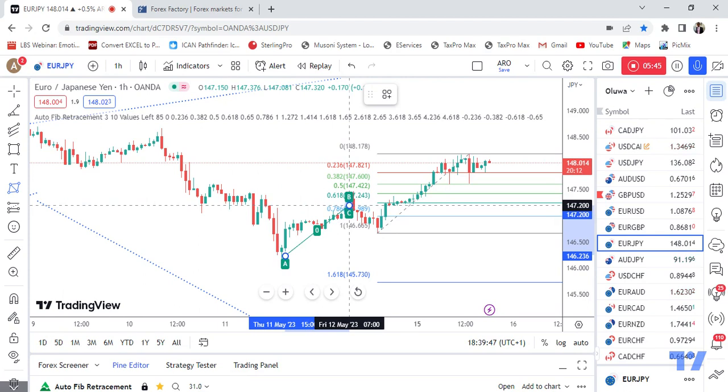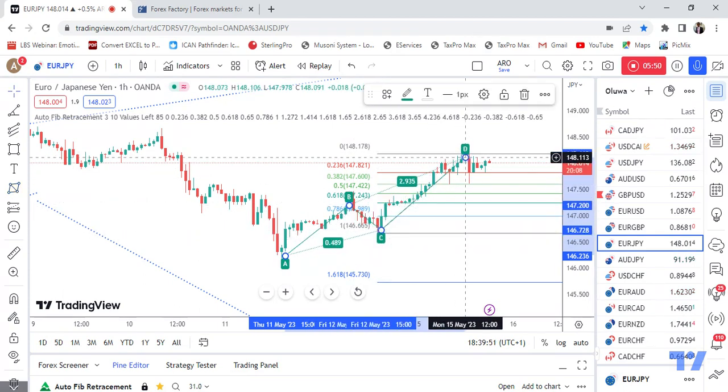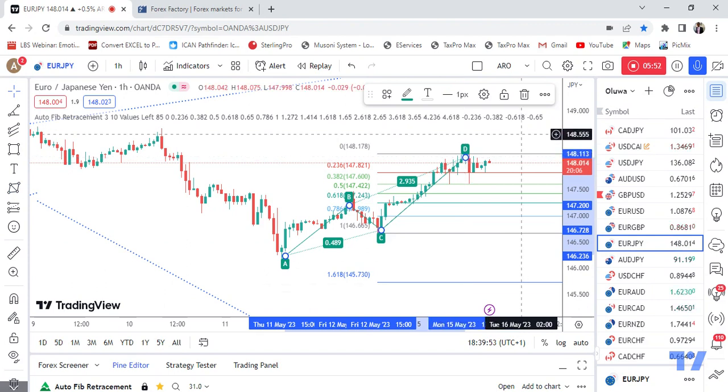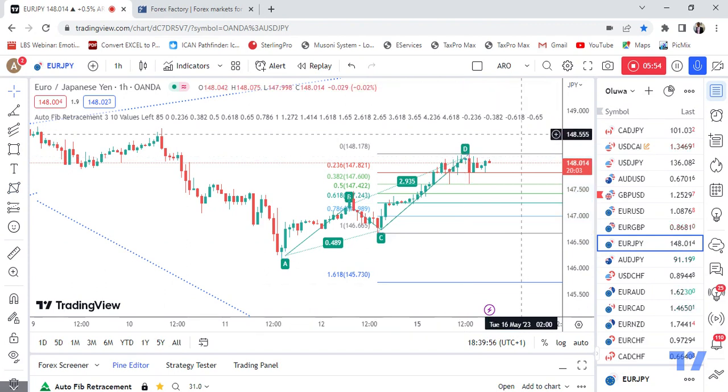Like this B and this C. You can see the pattern that I draw on my chart, this A, B, C, D. So that's how to use that pattern.